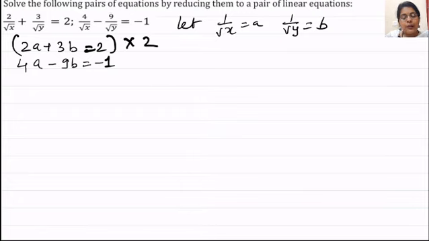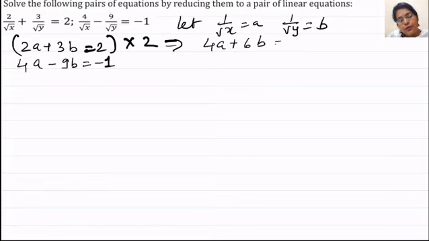So what we will write is multiplying equation number 1 with 2. So what do we get? 4a plus 6b is equal to 4. This we have got.